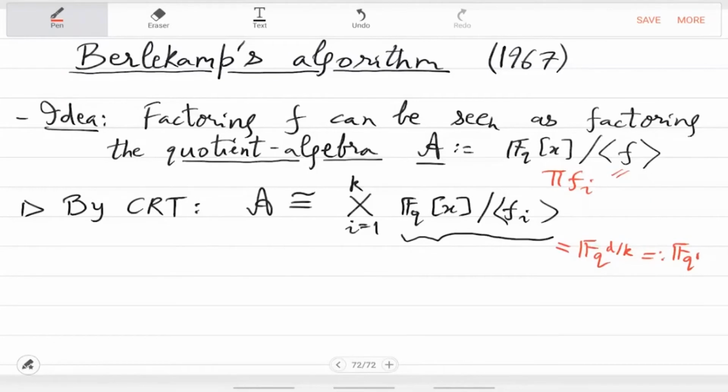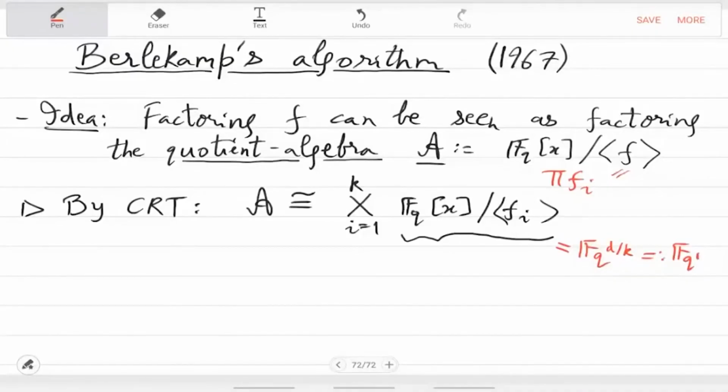Okay, that is that. So this structure is known, but what is unknown is the isomorphism. The structure is known because you know k and you know q prime. So you exactly know what the structure of the algebra is, but what is missing is this Chinese remaindering isomorphism. That is not known, because if that was known, then you would have been able to recover the fi's, the actual factors of f.